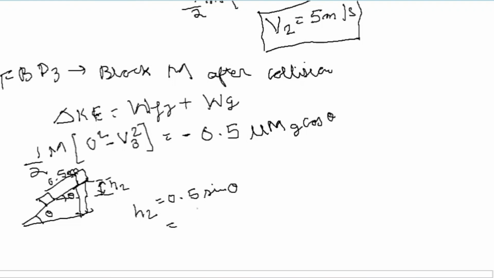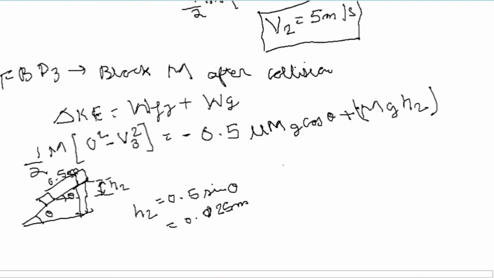So putting the value of sine theta in this equation, we will be getting h2 equal to 0.025 meters. Now let's get back to the equation of the work energy theorem. The work done due to gravity will be equal to M into g into h2 with a negative sign because the block is moving upwards and the gravity is in the downwards direction.